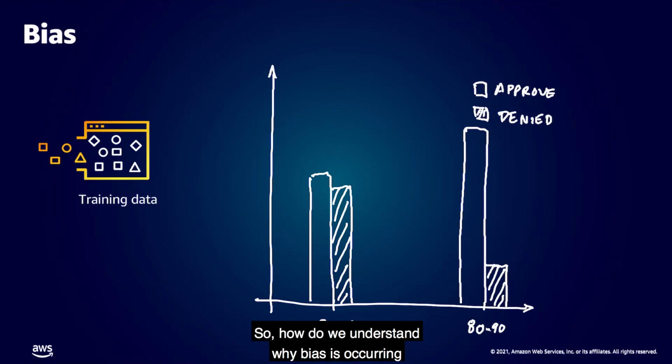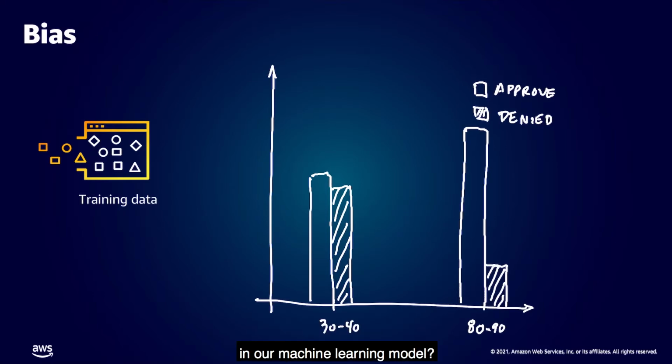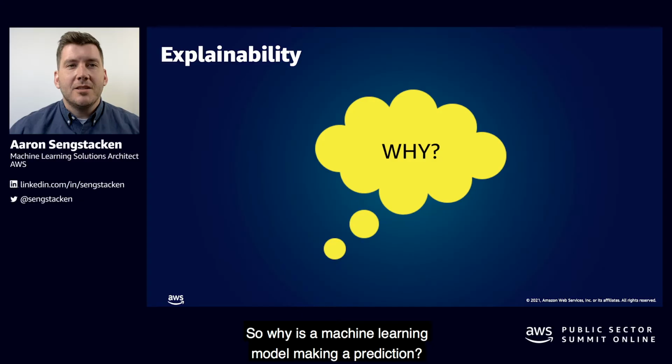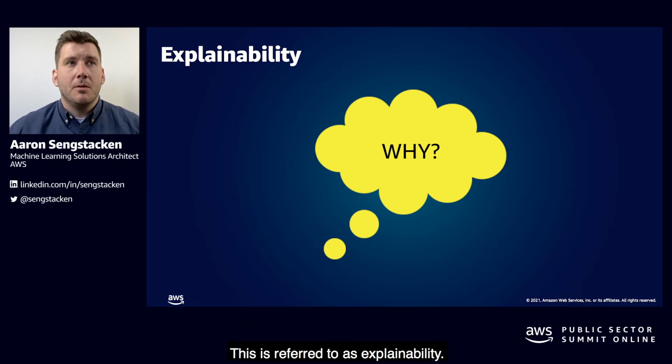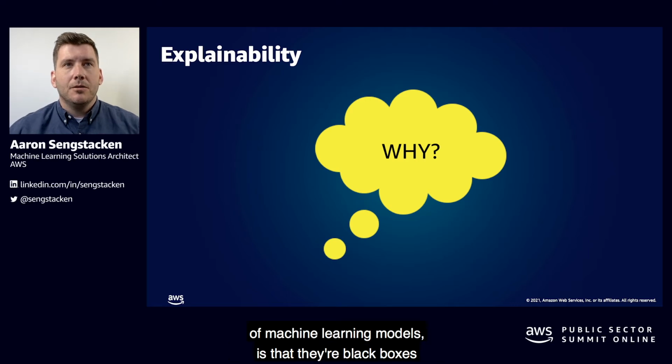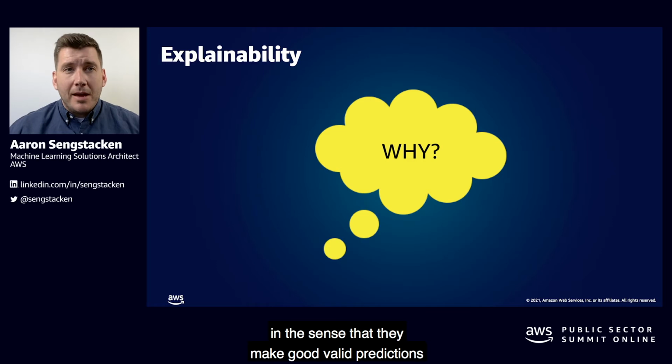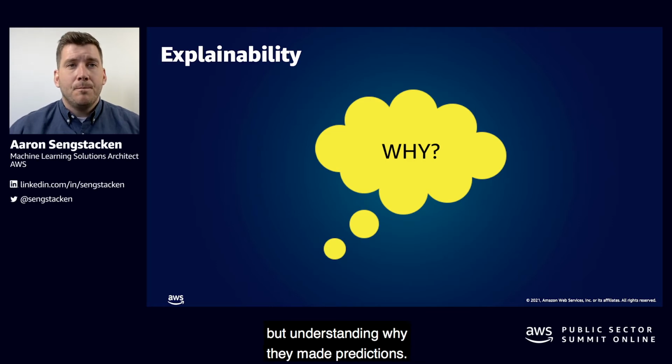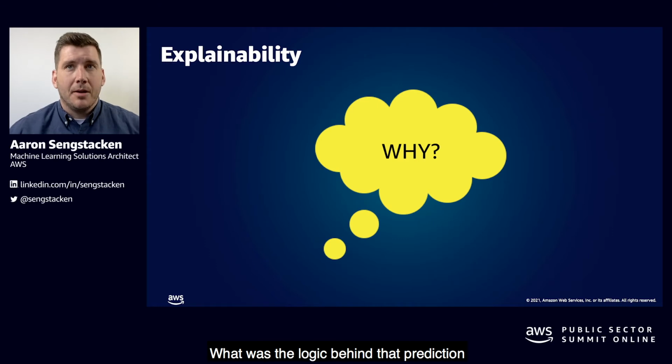So how do we understand why bias is occurring in our machine learning model? Well, to understand why, we need to take a look at explainability of machine learning models. So why is a machine learning model making a prediction? This is referred to as explainability. One of the common criticisms of machine learning models is that they're black boxes, in the sense that they make good, valid predictions, but you can't understand why they made predictions, what was the logic behind that prediction.